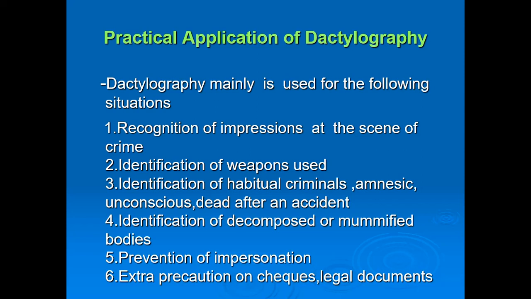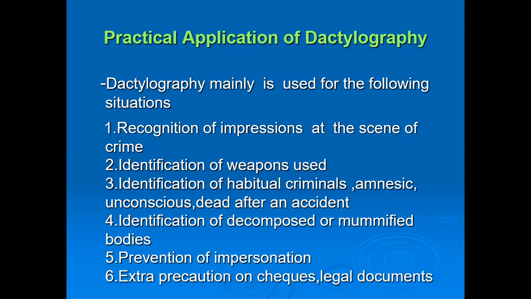Number two, identification of weapon used. Now, sometimes the criminals run away and they may leave the weapon, they may drop the weapon somewhere around. So when police collect that weapon, they can take the fingerprint impressions of the suspect and match them with their record.